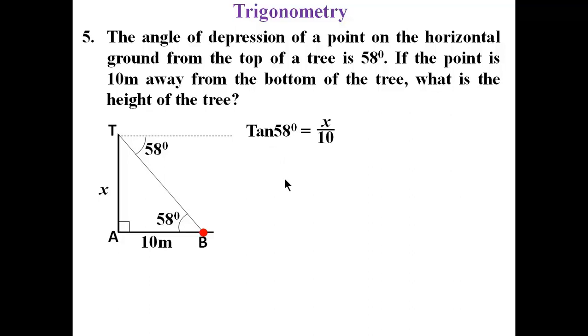Tan 58 degrees is 1.6003, which is equal to x over 10. Now cross multiplying, we shall have x equal to 1.6003 times 10, which gives 16.003 meters. And to the nearest whole number, we have it as 16 meters.